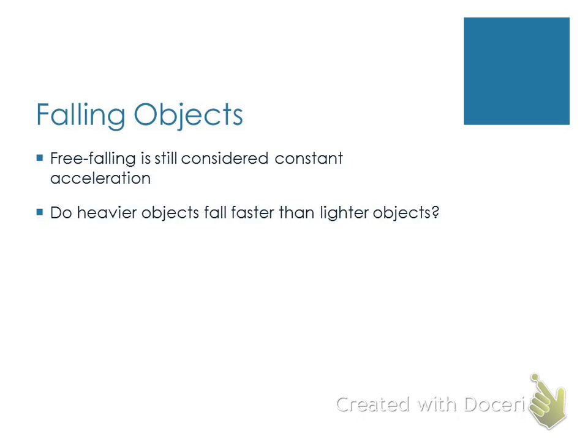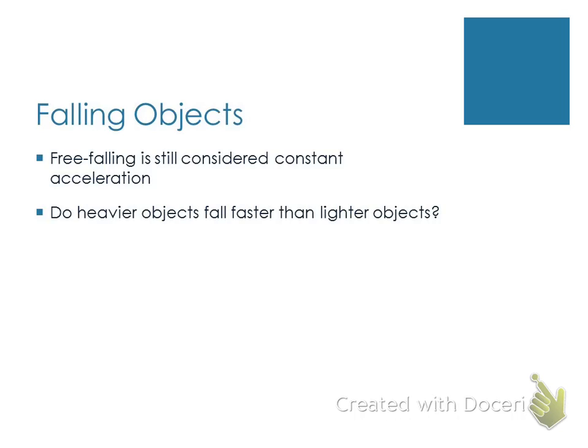Okay, so answer this question for me. Do lighter objects or heavier objects fall faster? Heavier. How many of you think heavier objects fall faster? Raise your hand if you think heavier objects fall faster. If I drop a light object and a heavy object at the same time, you think the heavy one's going to hit first. Raise your hand if you think that's true.